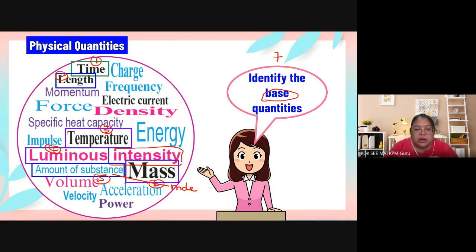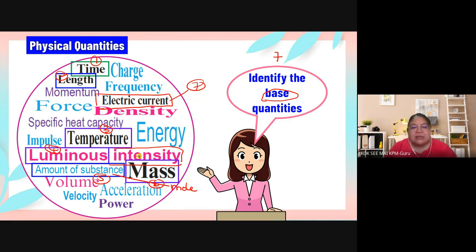Okay, and last one, electric current, 7. Okay, normally we use time, length, electric current, temperature, and also mass. Okay, luminous intensity and amount of the substance, we totally never touch. We only need to know there are 7, but those 2 are rarely used. So you just memorize these 7.